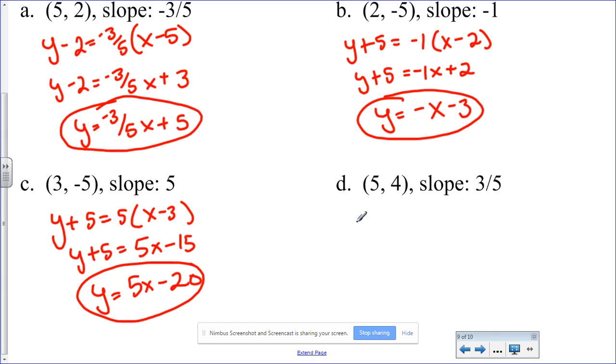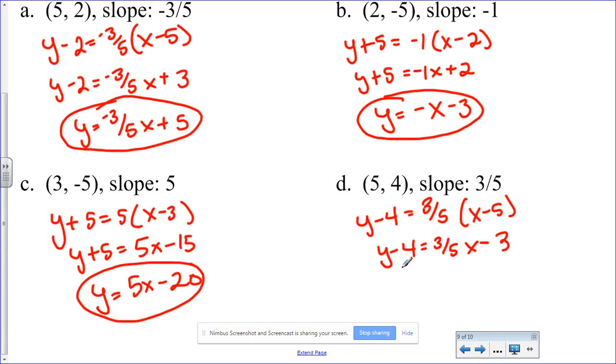And then the last one. Okay, plug it in. Distribute to get 3/5 x minus 3. And then add 4 to both sides. So -3 plus 4 gives me 1.